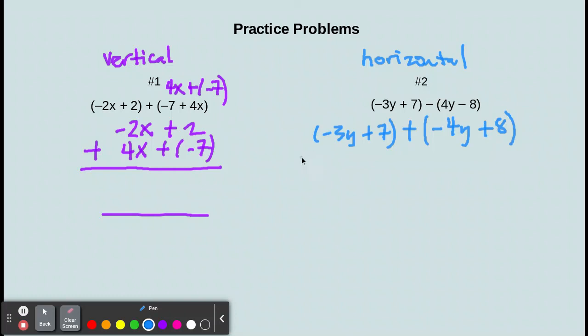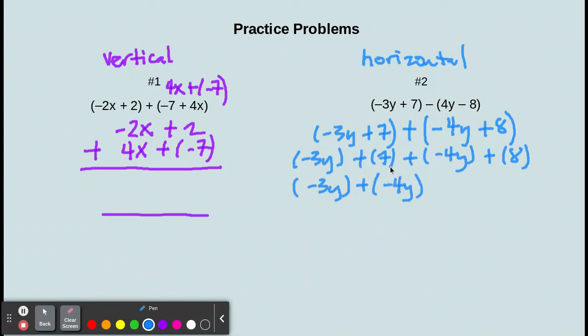Okay, now rewrite this so that we can more easily combine our like terms. Okay, so let's find our y's. There's that one, and here's this one. So plus 4y. Now our constants. Okay, now, given that, what is your answer? Okay, that concludes 3.2.